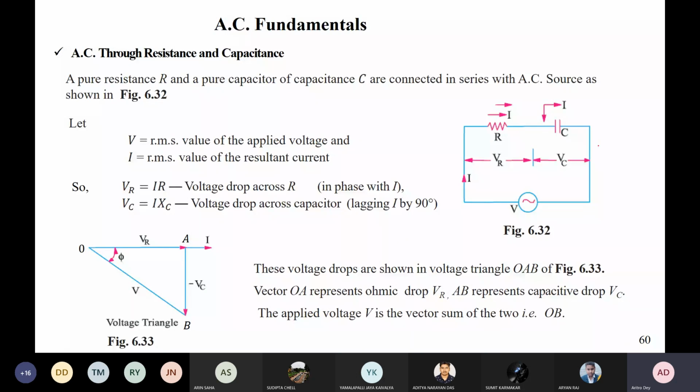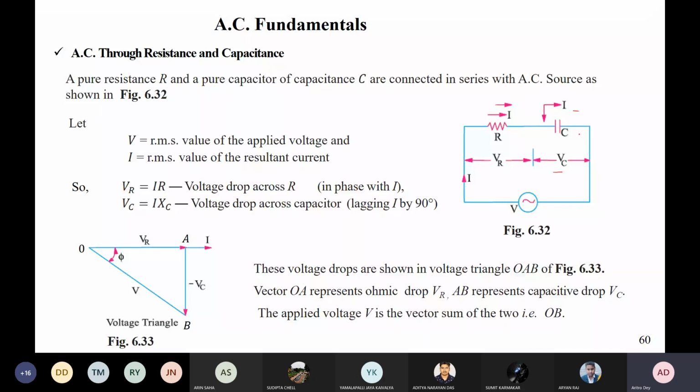So if I take I as the reference phasor, what will be the angle between the voltage drop across the capacitor VC and the current? We know that the capacitive current will be leading VC by 90 degrees.